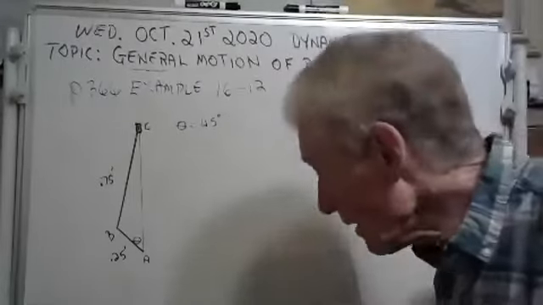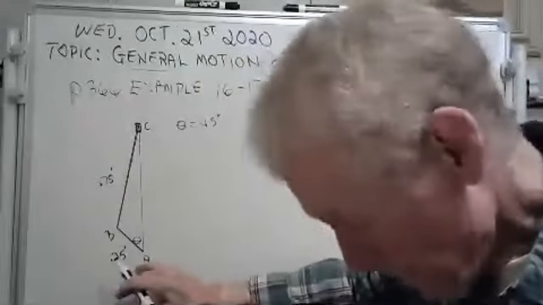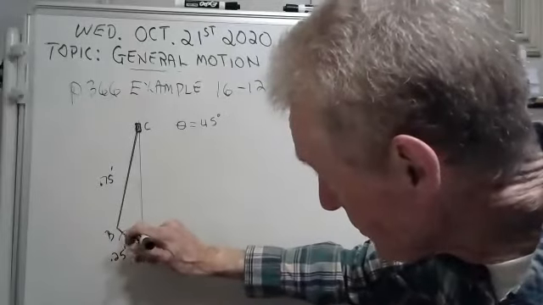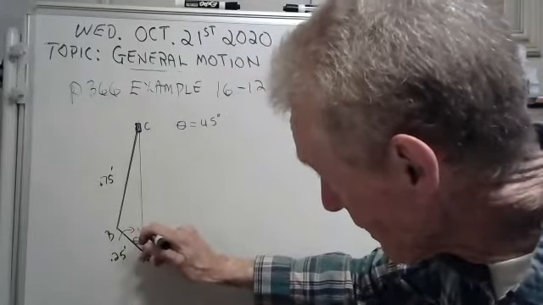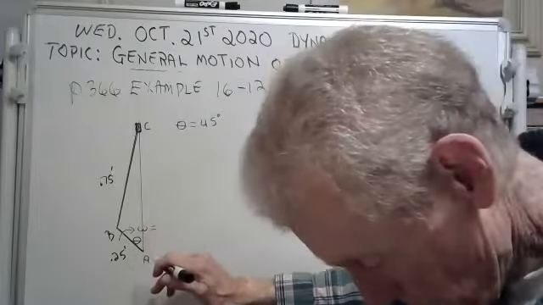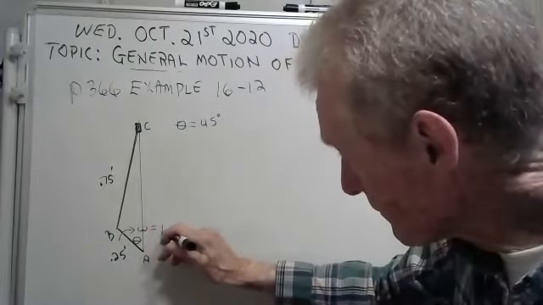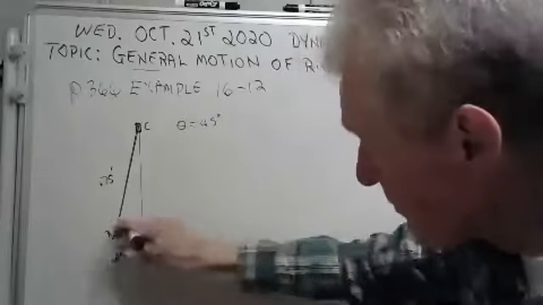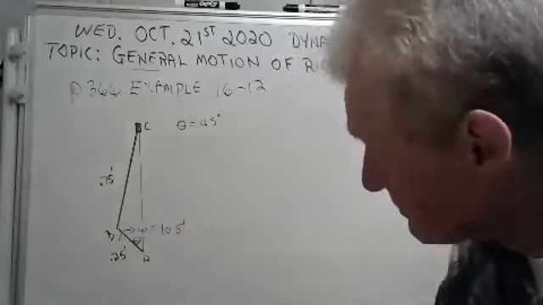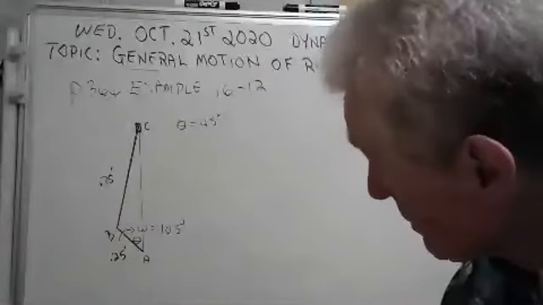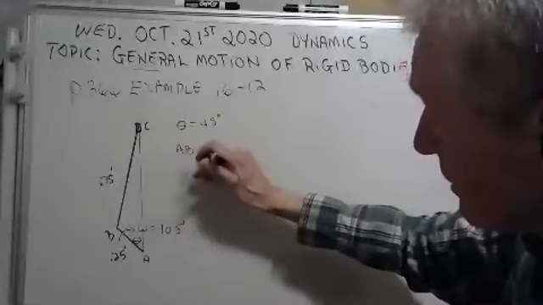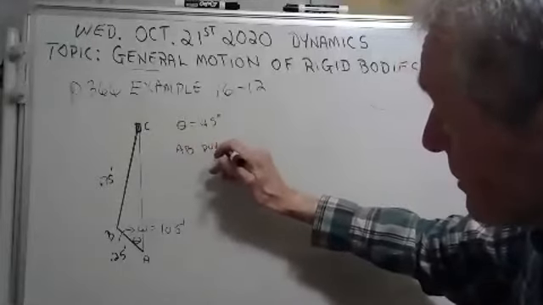Okay. Now, they said that this AB is in pure rotation, and the angular velocity is 10 radians per second. It's going around and around in a circle. So AB is in pure rotation.